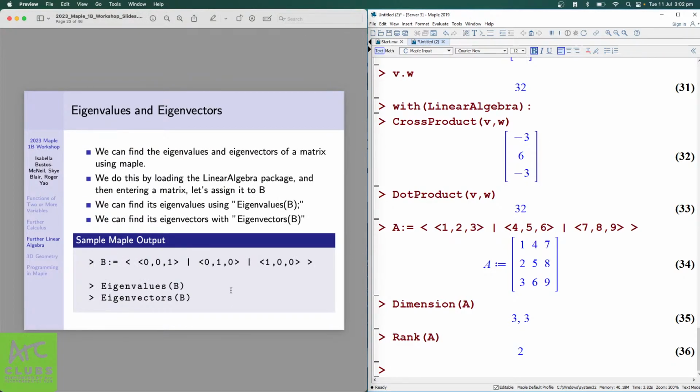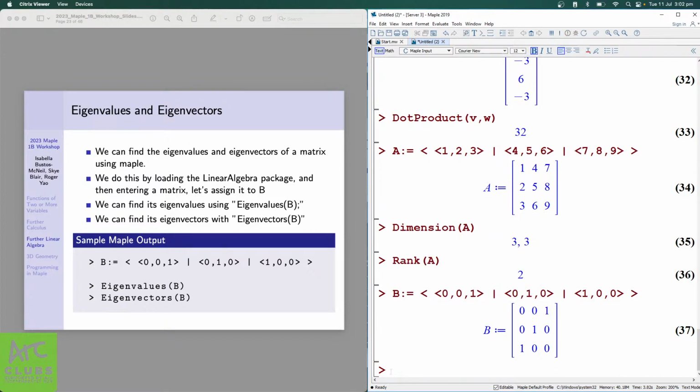We can also find the eigenvalues and eigenvectors of a matrix using Maple. And we need to first load the linear algebra package and then enter a matrix. So for example, we're going to assign this matrix now to be B. So we're going to go just B, and so that's 0, 0, 1, 0, 1, 0, 1, 1, 0, 0.